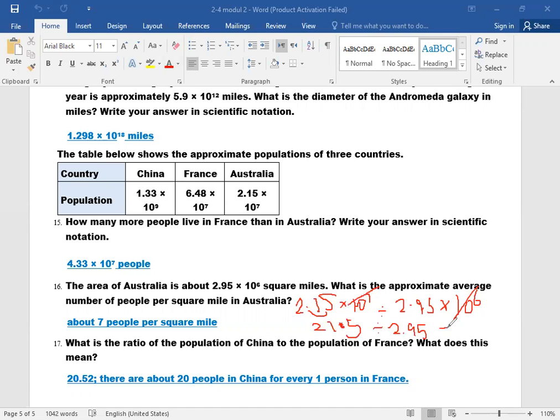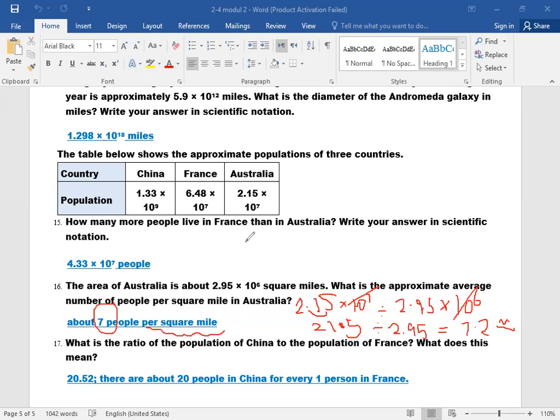And the answer in this case will be equal 7.2. Approximately, it will be 7 people per square mile.